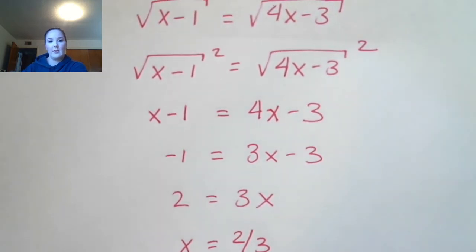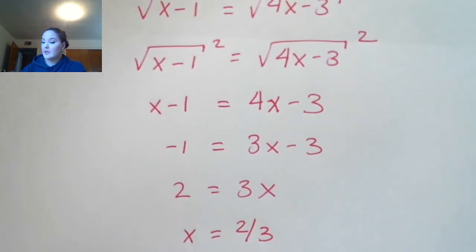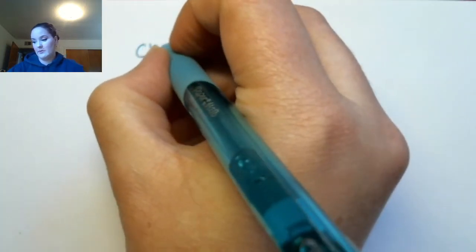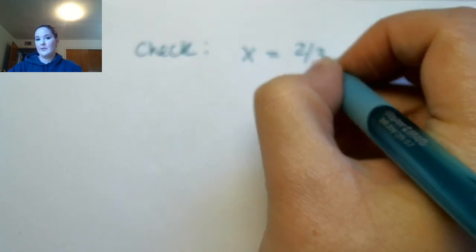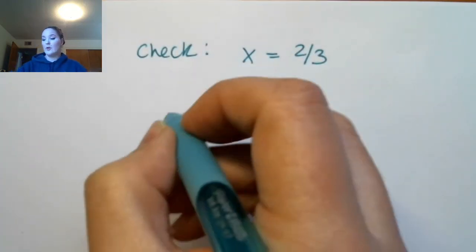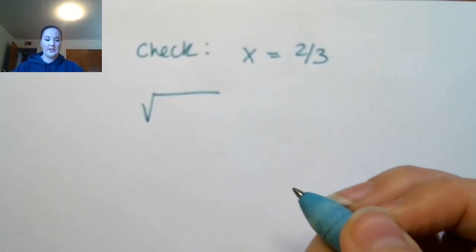Now, we still need to check this to see if it's an extraneous solution. So we're going to check x equals 2/3. Even though there's only one solution, we still need to check it.